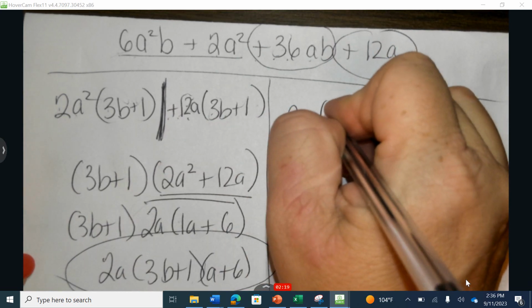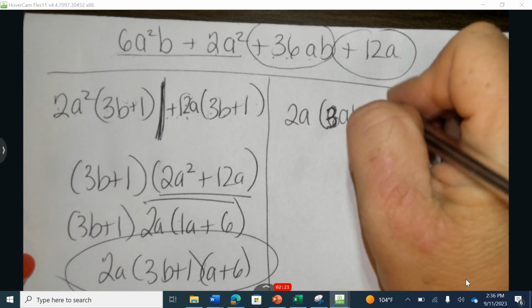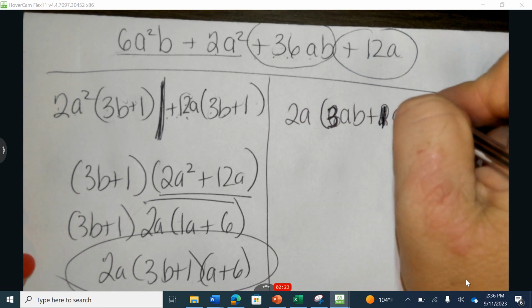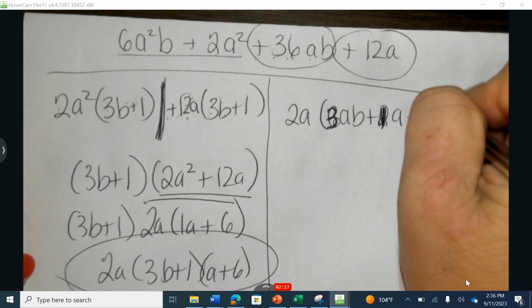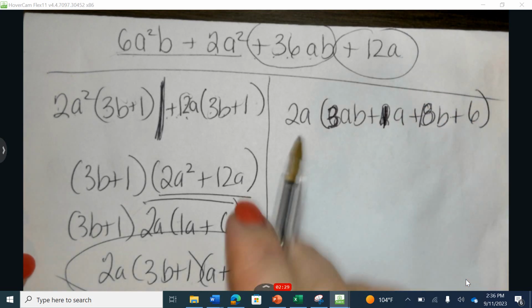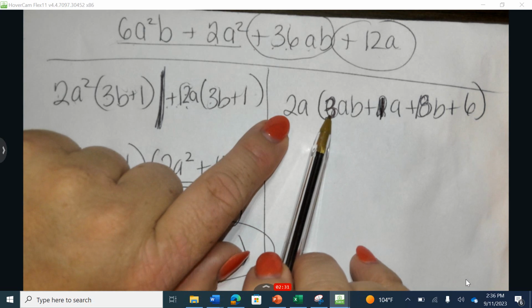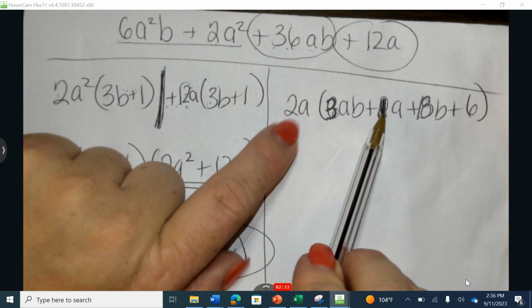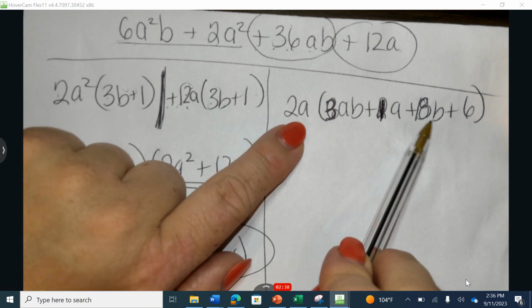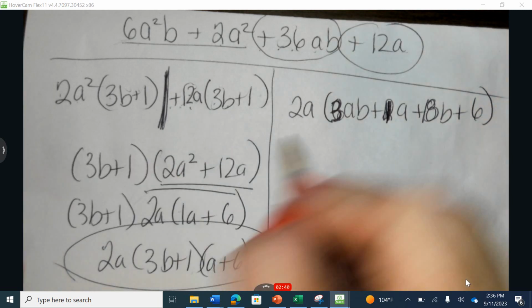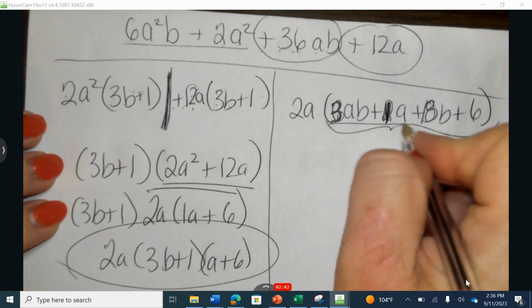Go back here. 3ab plus 1a plus 18b plus 6. Let's make sure after I made that initial mistake. So here is 6a squared b, 2a squared, 36ab, and 12a.